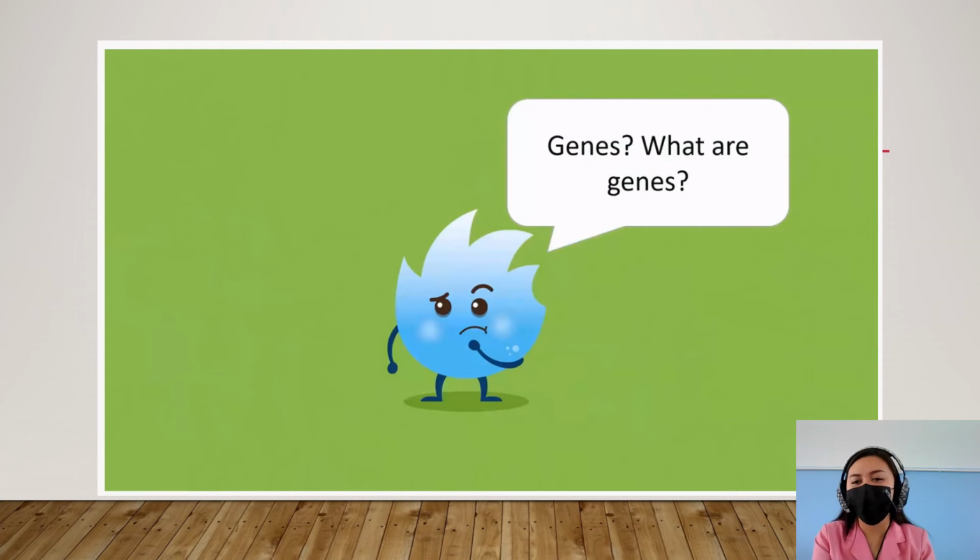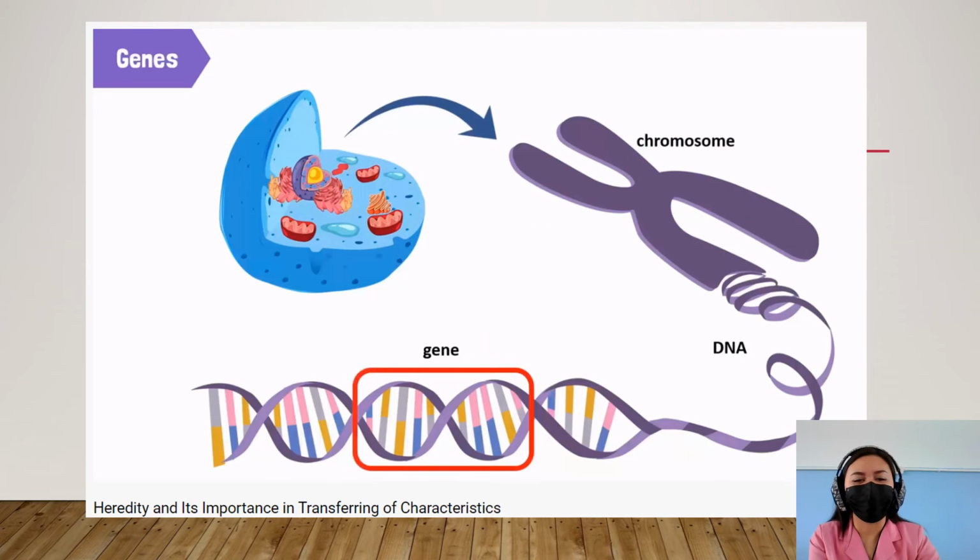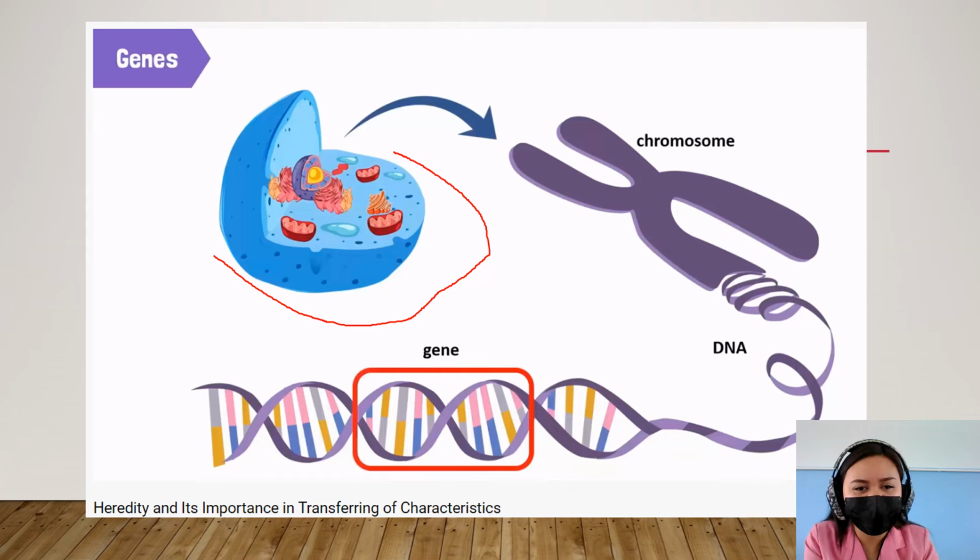Genes. What are genes? Okay, let's find out what are genes. So, inside the human cell, there is a nucleus. Inside the nucleus, there are chromosomes, X, from our mother and our father.